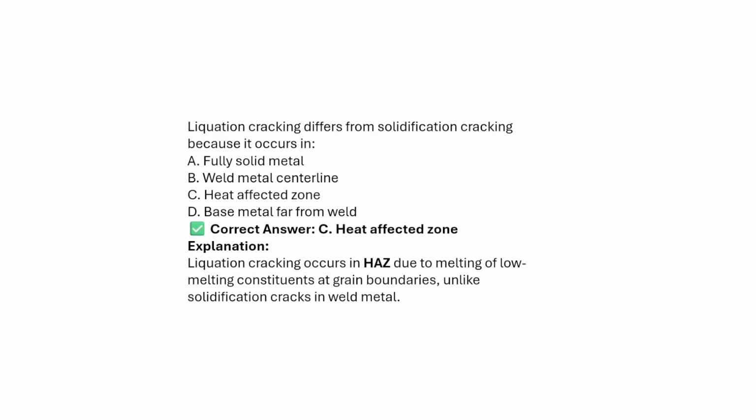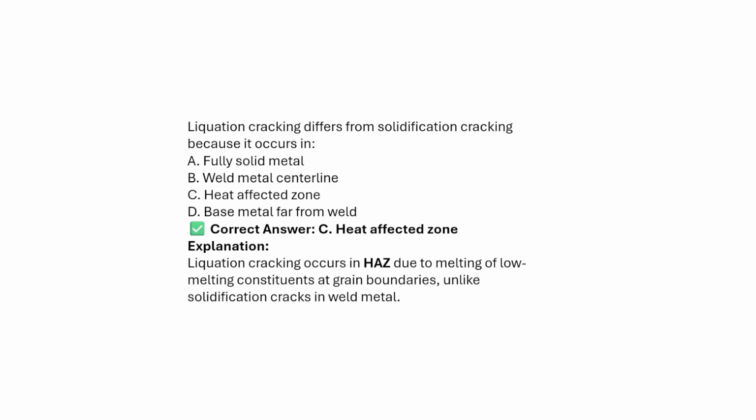Okay, liquation cracking differs from the solidification cracking because it occurs in the fully solid metal: weld metal center line, heat affected zone, base metal far from the weld. So liquation cracking happens at the HAZ, heat affected zone.